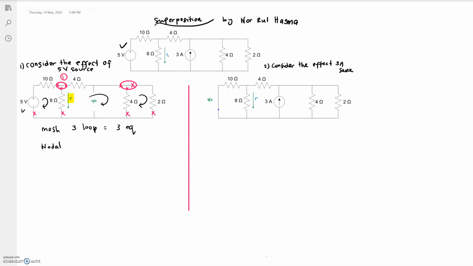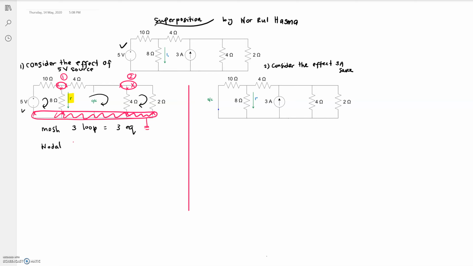This is one node, second node, and the third node. I choose the node which consists of the most branches as the ground.